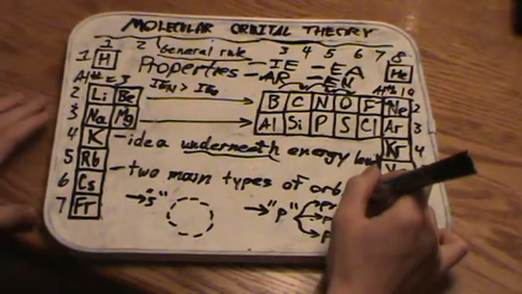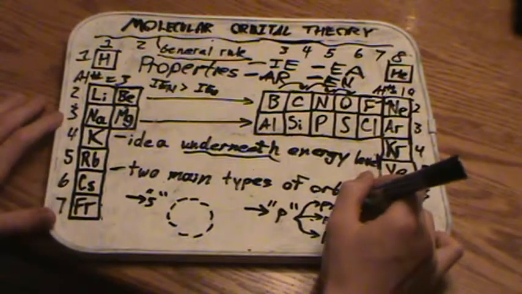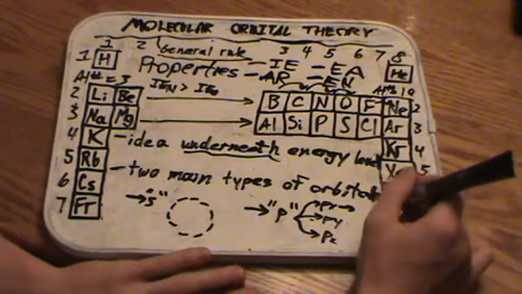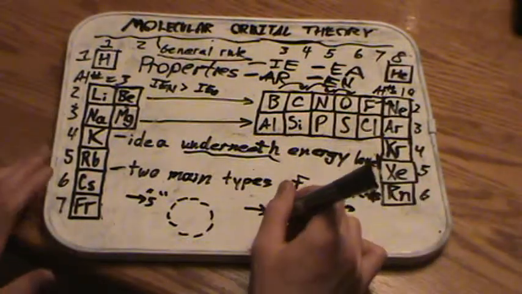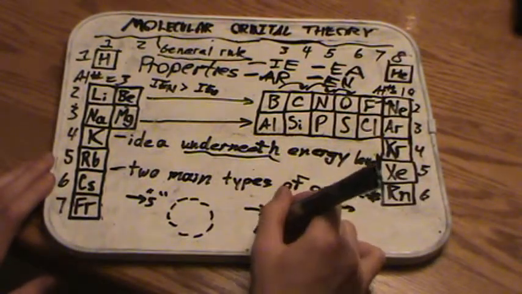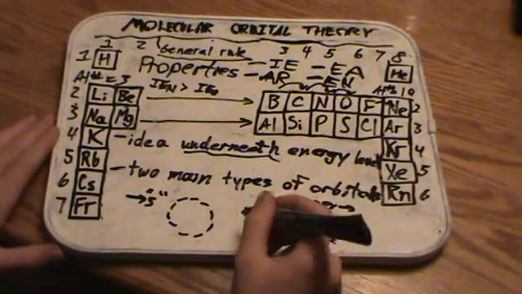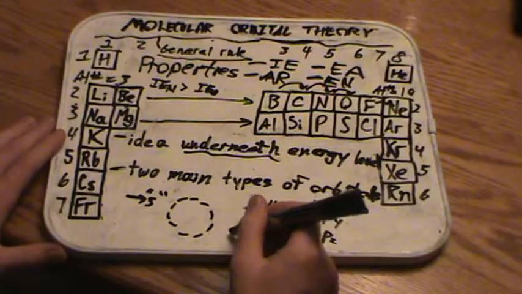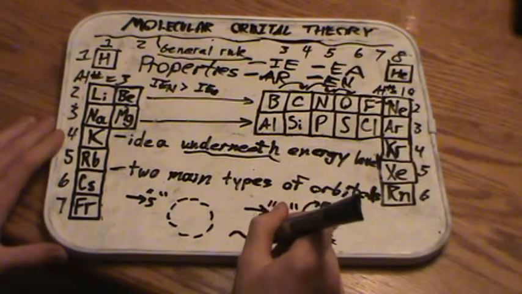Okay, and their pictures. Let's think about their pictures for a second. Let's talk about the general p orbital rule. All p orbitals have the shape of a dumbbell. If you are a big gym rat, you will understand this.